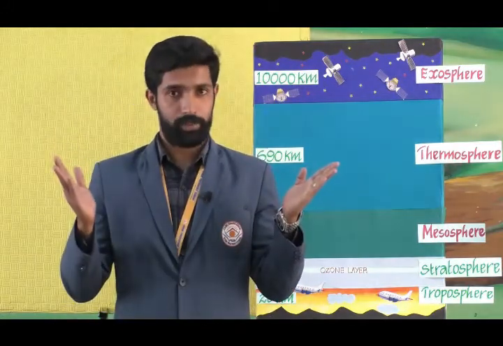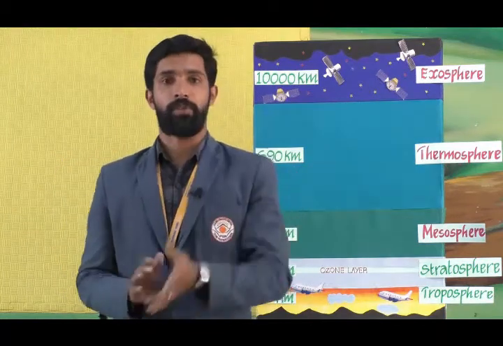The components of the atmosphere are useful to us in various ways. First and foremost, nitrogen. Nitrogen is required to maintain the fertility of the soil and is vital for plants. Then, the atmosphere contains oxygen, which all living beings need in order to stay alive.